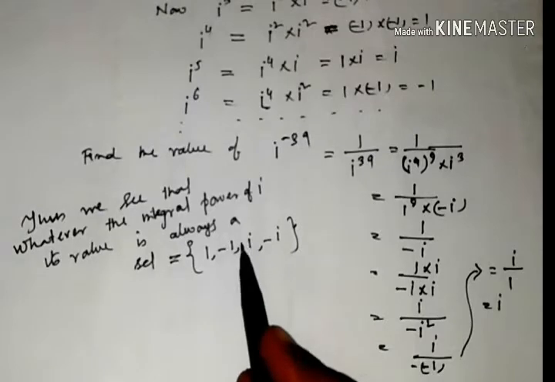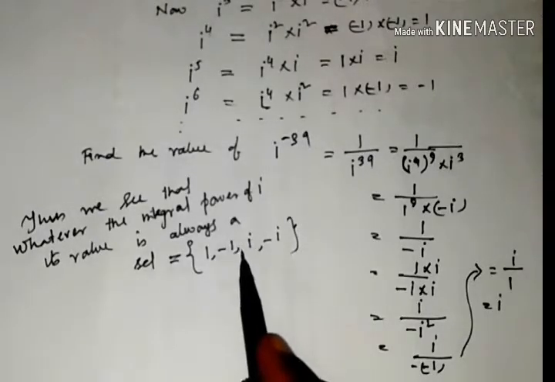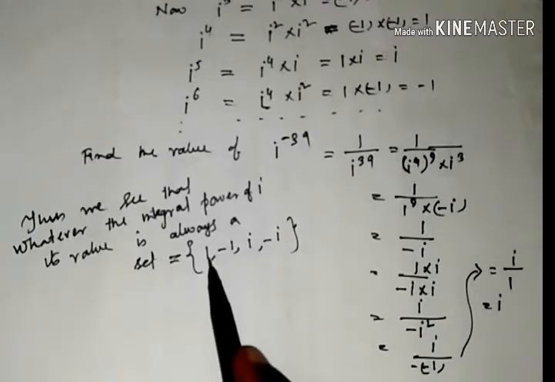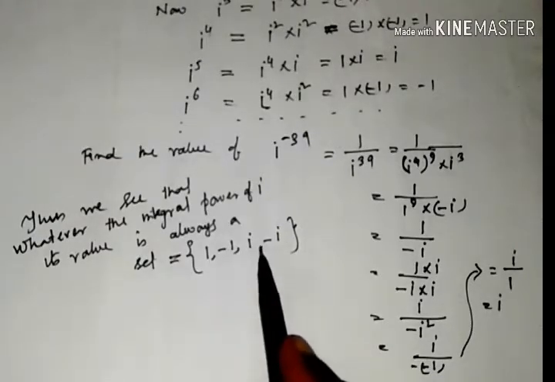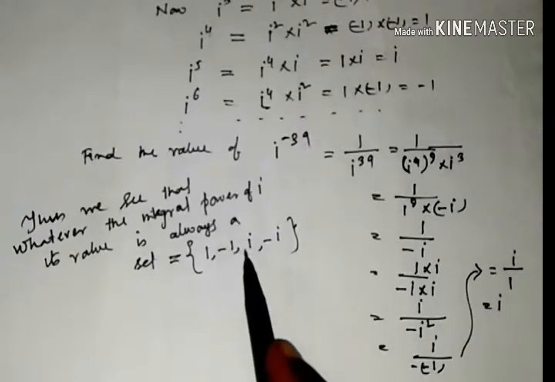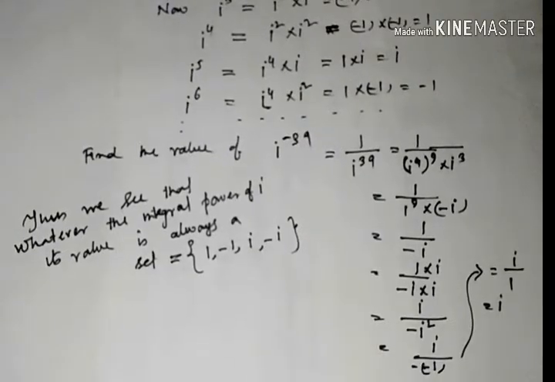Whatever the power of i, it may be greater than 100, it may be greater than 200, 400, etc., its value will be 1, minus 1, i, or minus i.